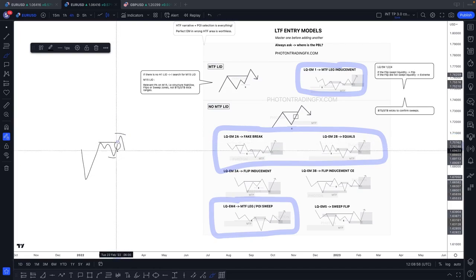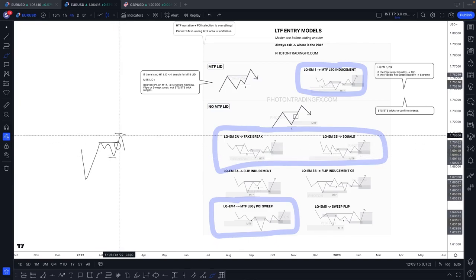So when there is no H1 lead, essentially before I developed this method, you have to use these models, okay? So you have to use an M15 equals, right, or a fake break, okay? But when the price action is very close to each other, a lot of the times M15 won't give you such development.